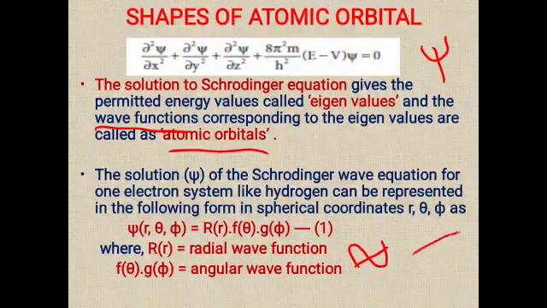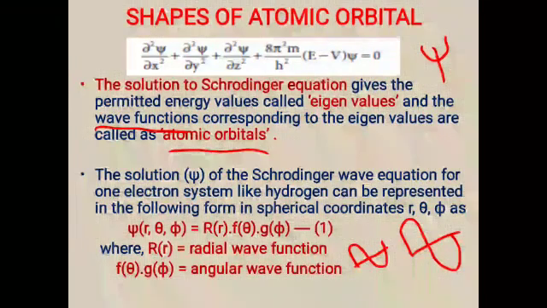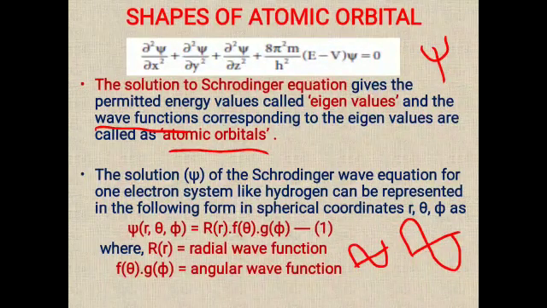If the same wave is like this, we have a very large amplitude. So based on the amplitude, the wave function will differ for each and every orbit. So the wave function corresponding to the eigenvalue gives the atomic orbital.